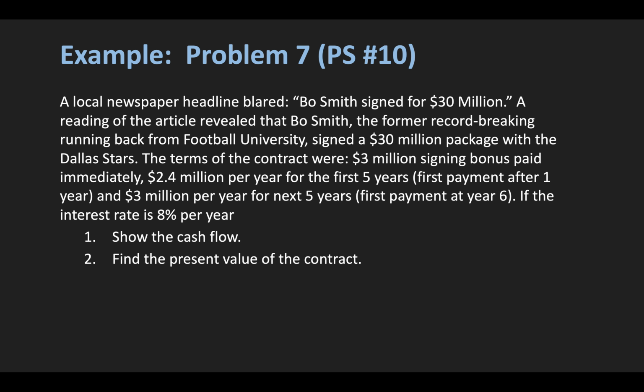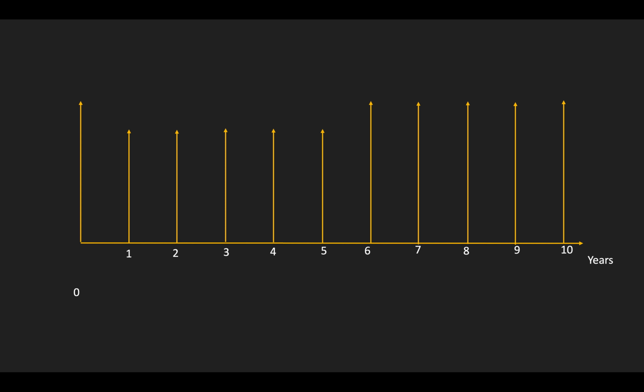All right, I hope you already tried it, and hopefully your cash flow looks something like this. Immediately, Bo gets $3 million right here. Then for 5 years, he will get $2.4 million per year.